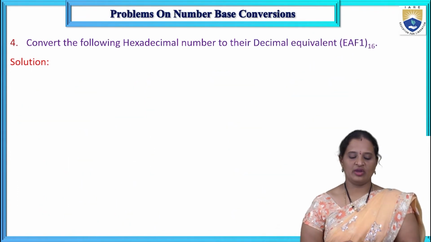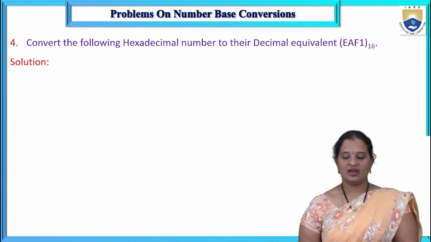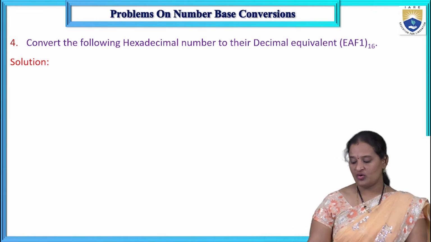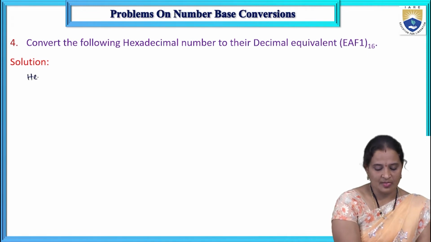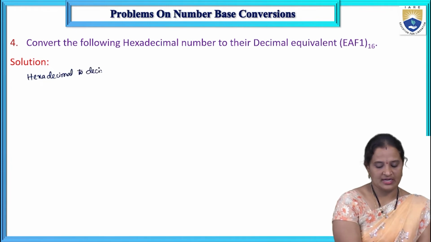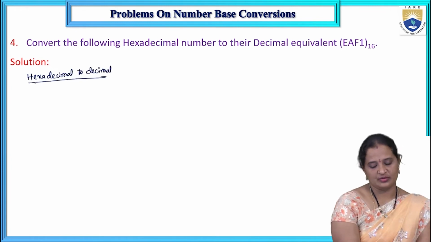Now convert the following hexadecimal numbers to their decimal equivalents. How to convert a hexadecimal number into decimal? Hexadecimal to decimal: what is the procedure?